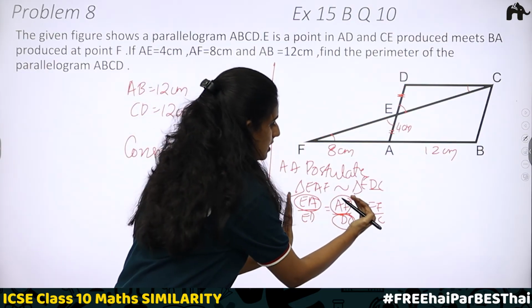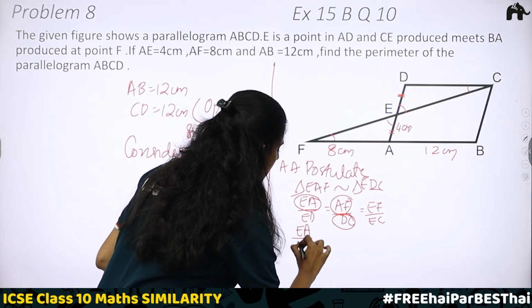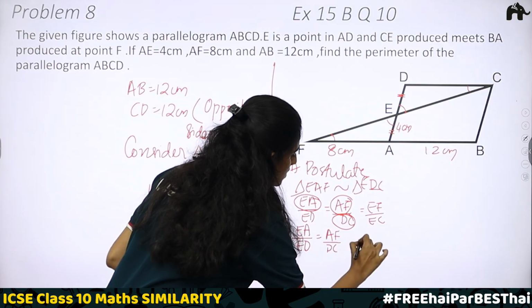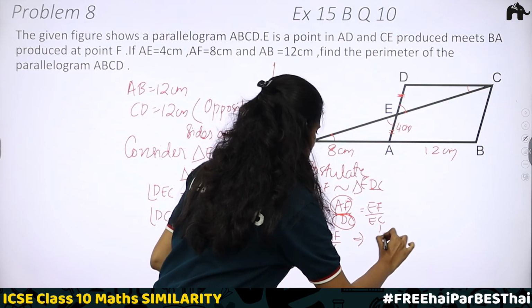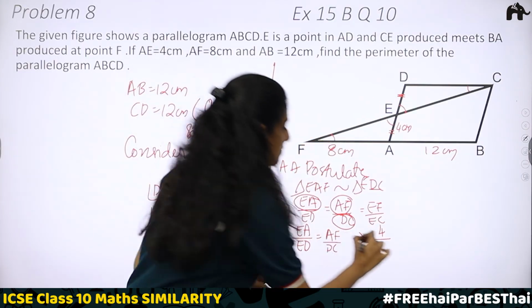So, taking only this part, we have EA by ED is equal to AF by DC, which implies EA is 4 centimeter, 4 divided by ED. ED we have to find.